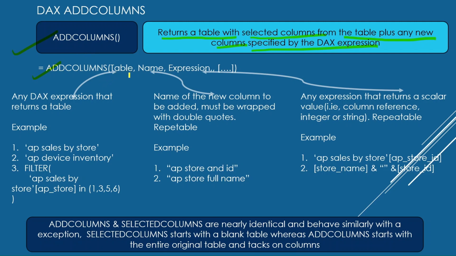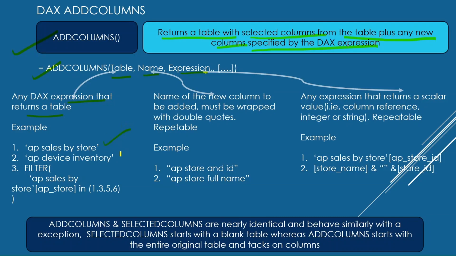It takes a couple of parameters: the table, the name, and the expression. Let's discuss them one by one. First, the table. The table parameter value can be a physical table or any DAX expression that returns a table. For example, AP sales by store is a physical table.